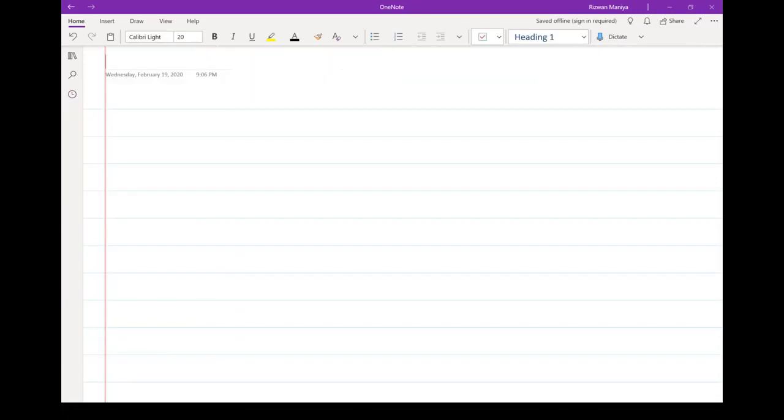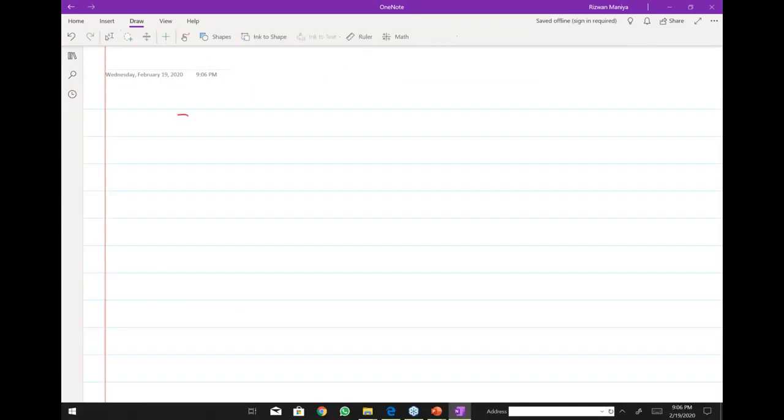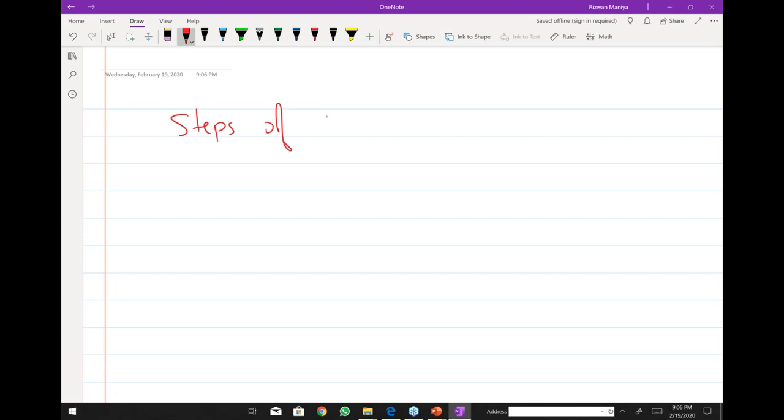Now the steps of the algebraic approach, MC is equal to MR. First is the price or demand function.